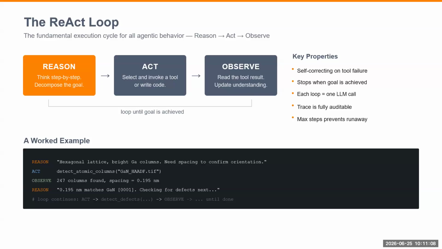So it'll say, based on this result of the image, I find 247 columns found, and the d-spacing is this. Then the agent will be able to reason within itself and say, okay, based on these results, what kind of orientation matches here? So that is one way that we are able to do the ReAct loop.